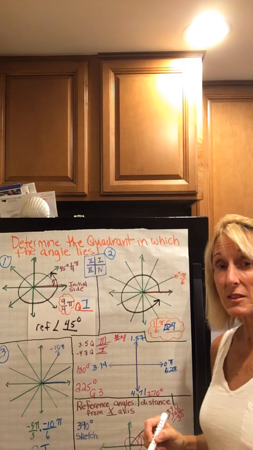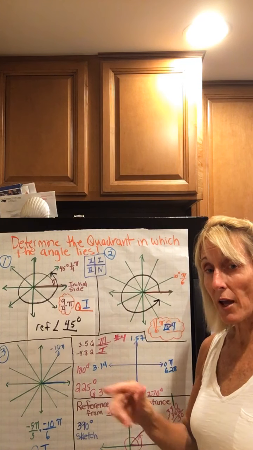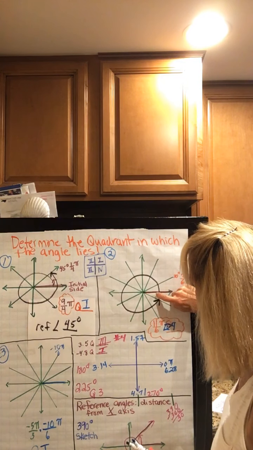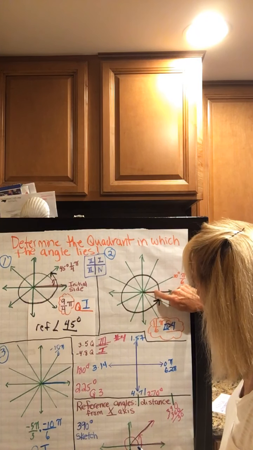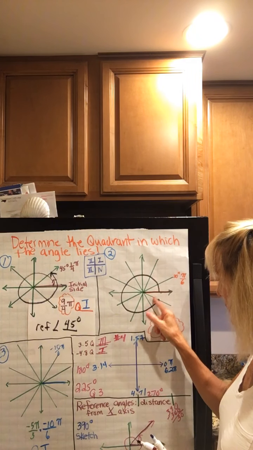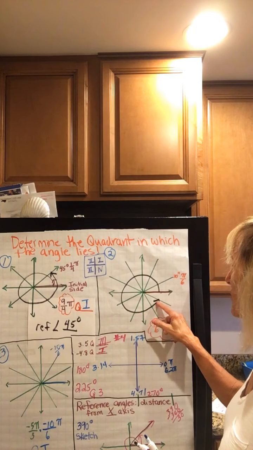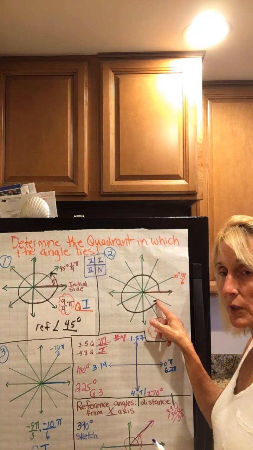There's my sketch of that angle. Now 11/6 pi, remember, is counting by 30s. What is the distance from here to my x-axis? All the way around to here, that's 330 degrees.